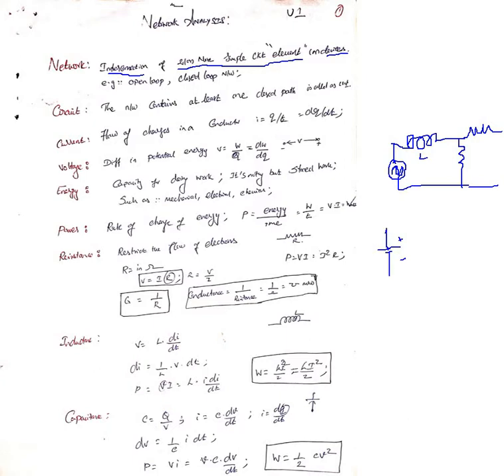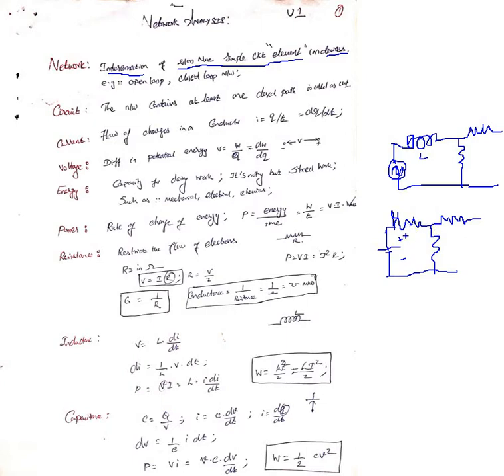Then, followed by the source, two or more simple circuit elements. I will connect one resistance here, and further connect another resistance. So this is about interconnections. See, 1, 2, 3, three elements are interconnected.